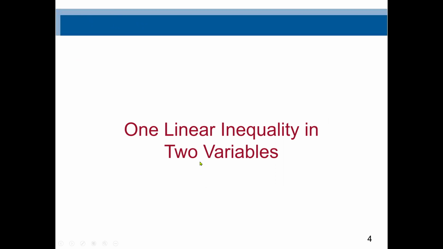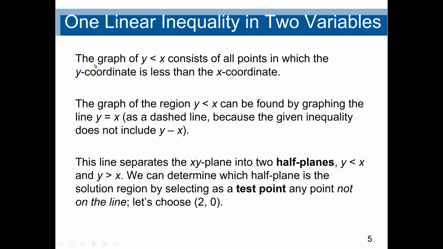So we start with one linear inequality in two variables. Here we say that the graph of y less than x consists of all points in which the y coordinate is less than the x coordinate.